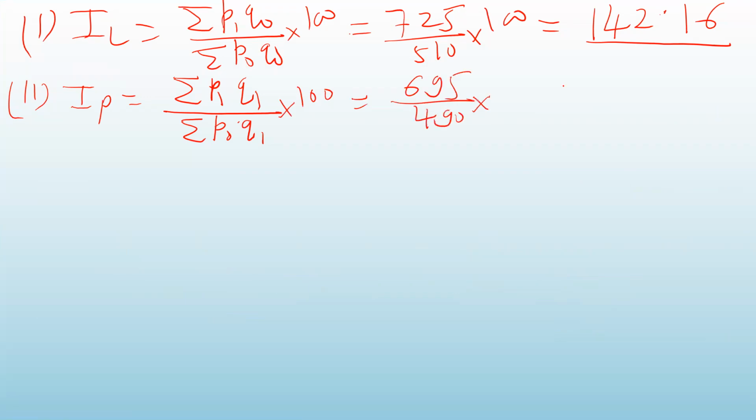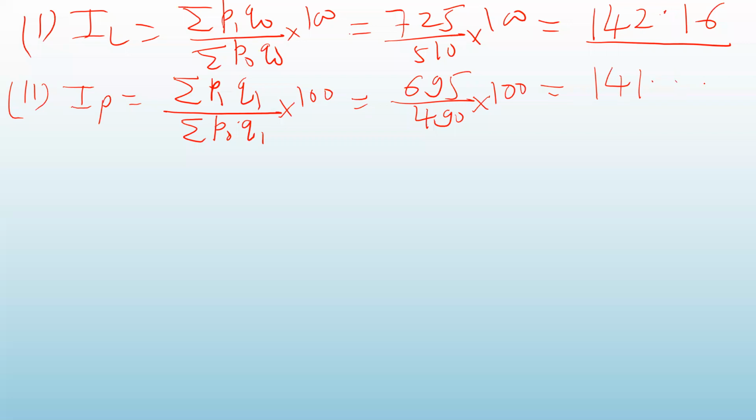How much will you get? 695 divided by 490 into 100 gives you 141.836.